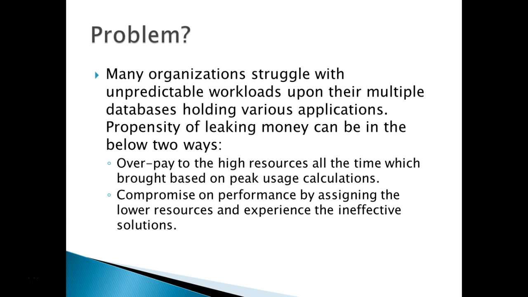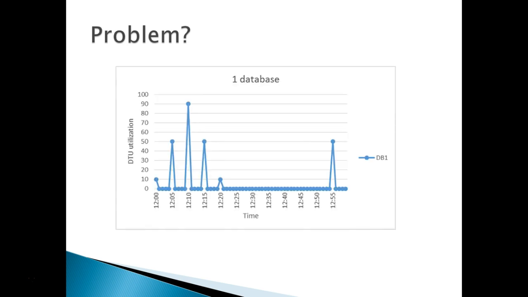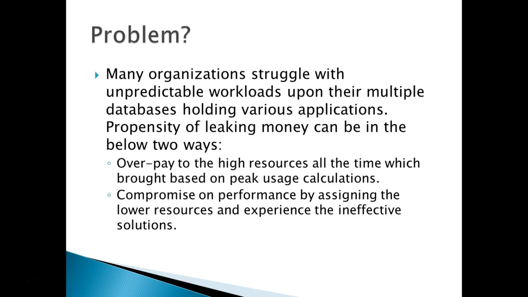Either overpay for high resources all the time, based on a peak usage calculation. See here, you have calculated and took the highest utilization as 90 DTU. So you pick the 100 DTU purchasing model. So you are overpaying.